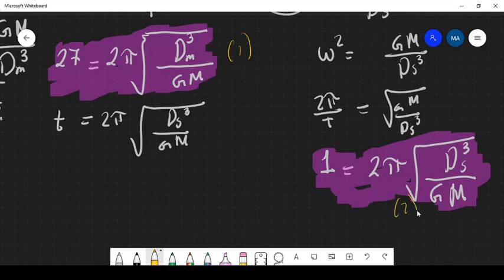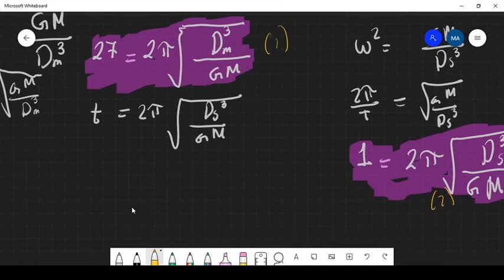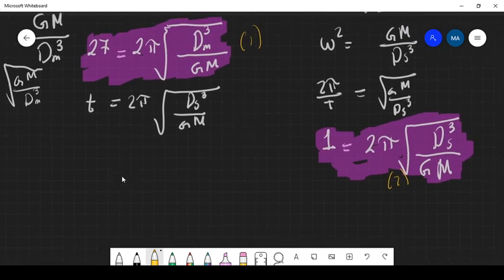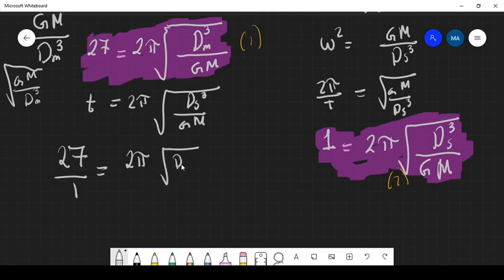Let's divide them both. Let's get the bigger picture over here. So dividing 1 by 2, what we'll get is 27 divided by 1 is equal to 2 pi times the square root of dm cubed divided by G big M. Now remember, this m doesn't exist. This is just so that we can remember that this is the distance to the moon.